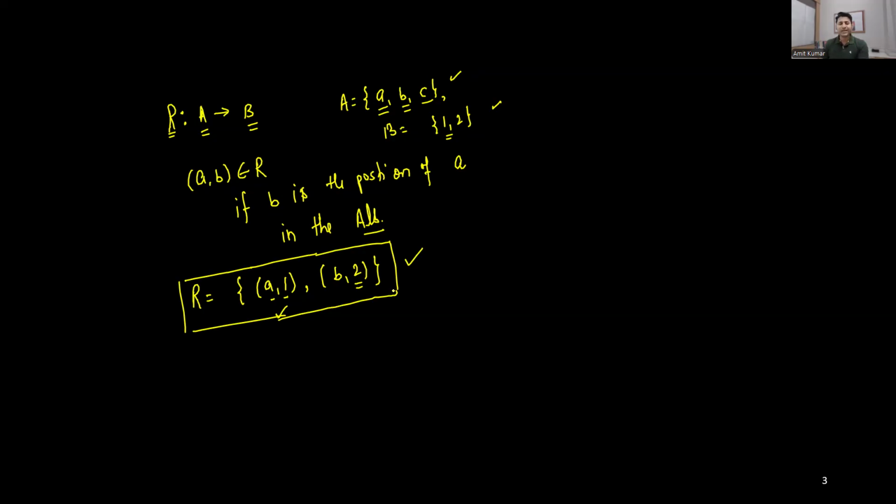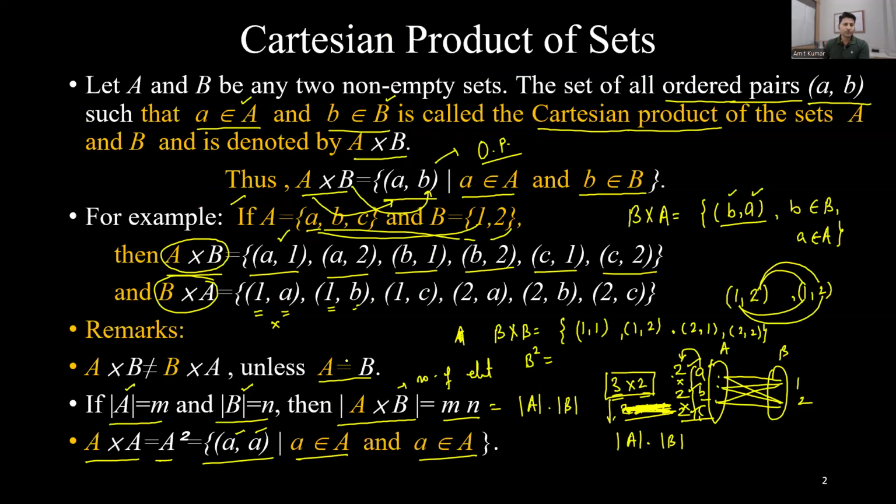Now, if you see (A, 1) and (B, 2), yes, they are there in your R also. Just see over here. So that's why I'm saying that whatever a relation has, it always comes from its Cartesian product.